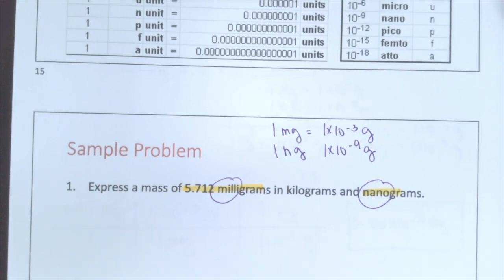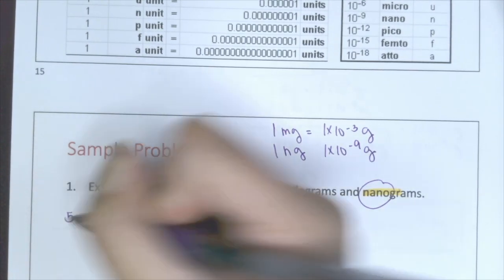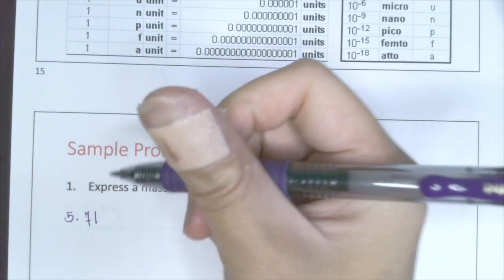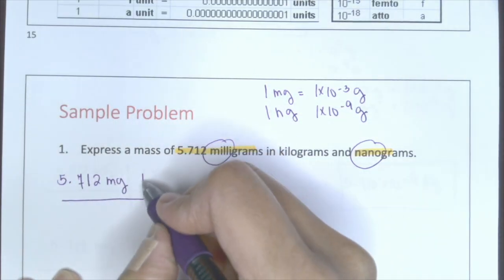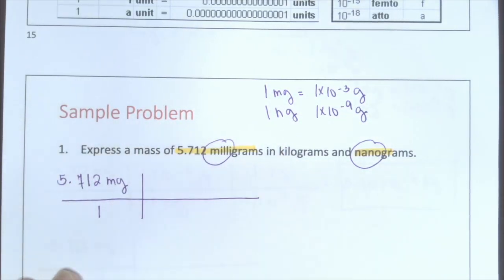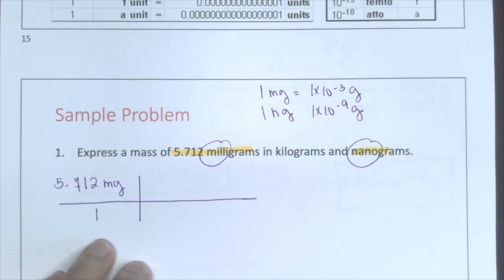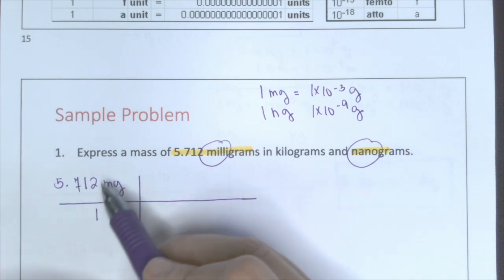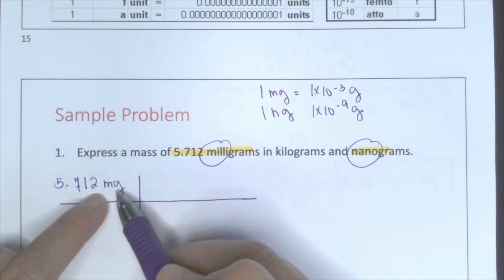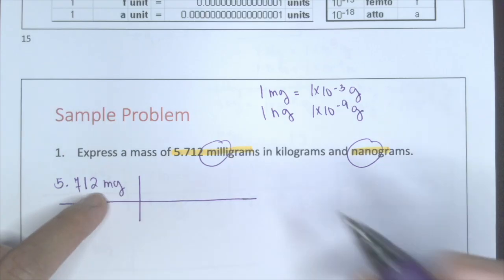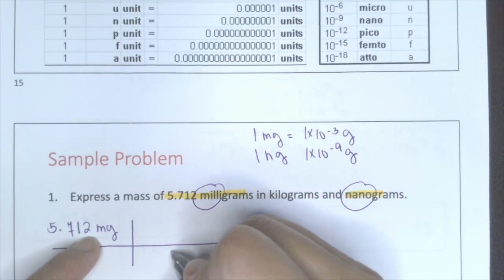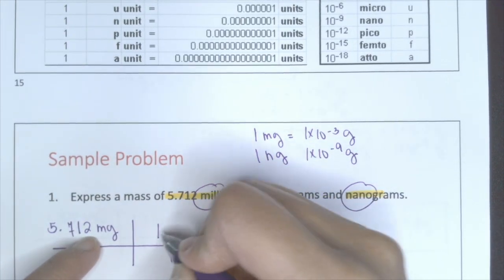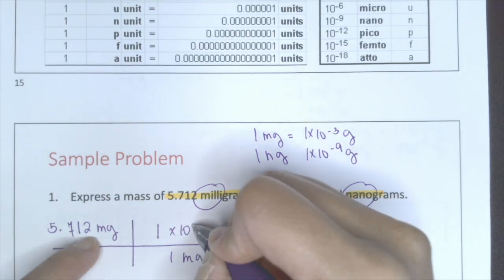Then we're going to use our box method. Milligram. Again, making sure to write 1 in the denominator so that you're not tempted to fill it in with anything else. And then let's figure out which number goes where. So because we want to cancel out the numerator, this unit milligram, we're going to put this value in the denominator. So 1 milligram. And then the other value goes on top.